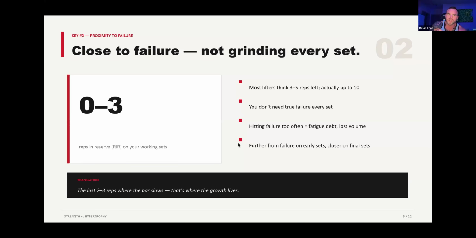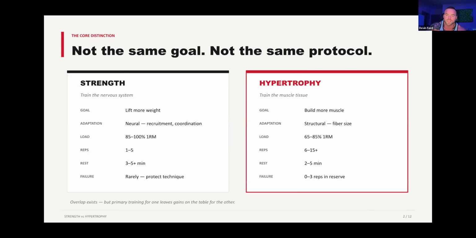Okay. The reason for that is because if we go back to strength versus hypertrophy, strength is training the nervous system. This is not training the muscle. This is training the brain at getting good at recruiting the muscle. Hypertrophy is training the muscle to get bigger. If we understand that, it makes sense that in order to get strong, you have to use really high percents of a 1 rep max.